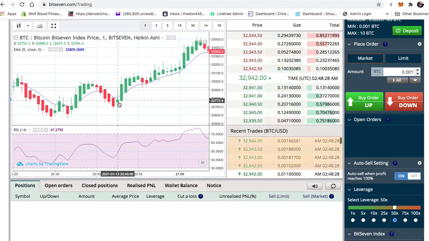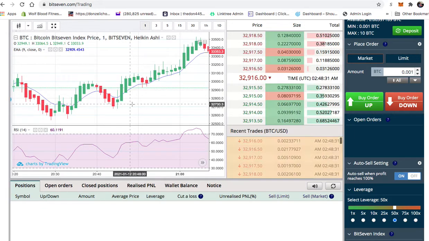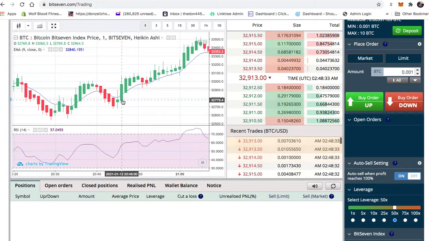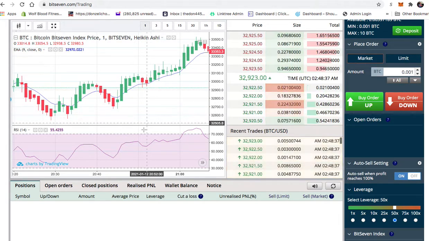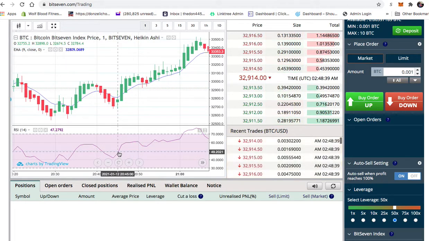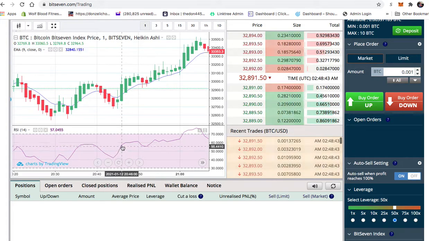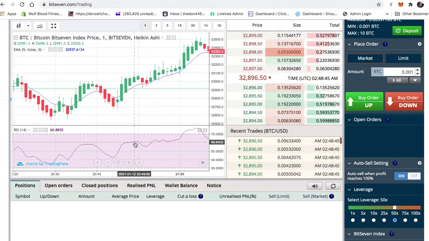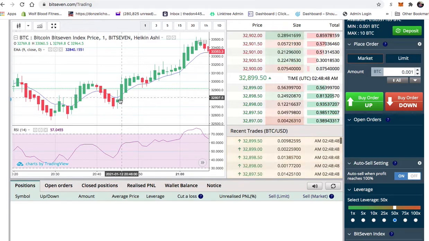You got a kind of indecisive spinning top candle right here, but then your very next green candle is a huge green candle going up. Look what your line's doing. Your line is also making a nice sharp turn right here and headed in the bullish direction. This is a good time to buy right here. Okay, good time to buy.